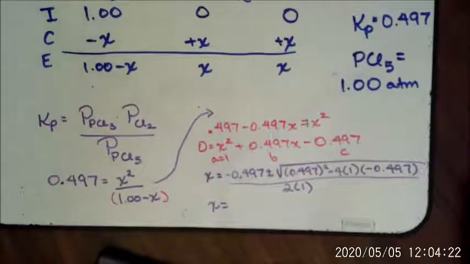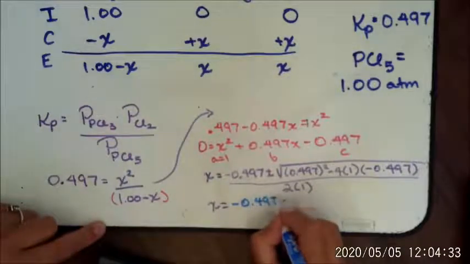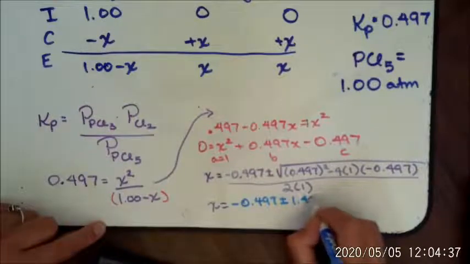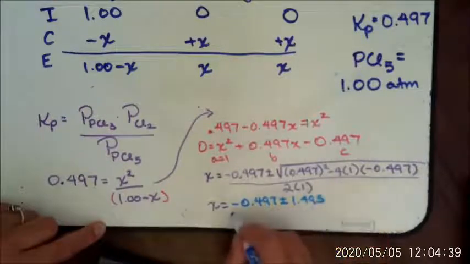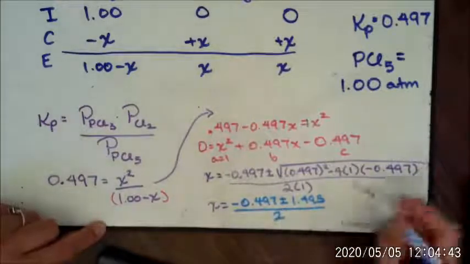Take the square root of that, and what I get is negative 0.497 plus or minus 1.495, divided by 2. Well, I don't need to subtract because that means my x is negative.